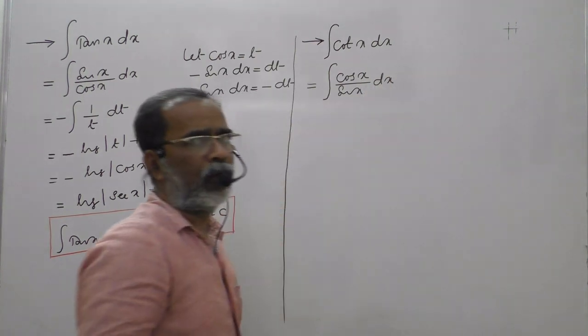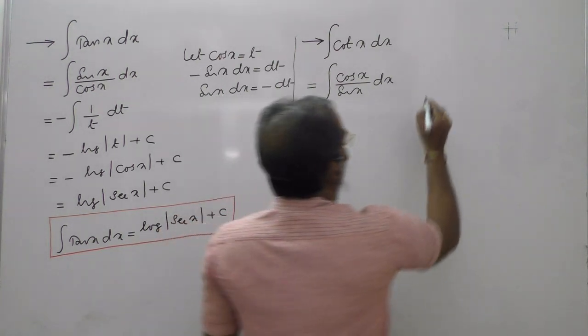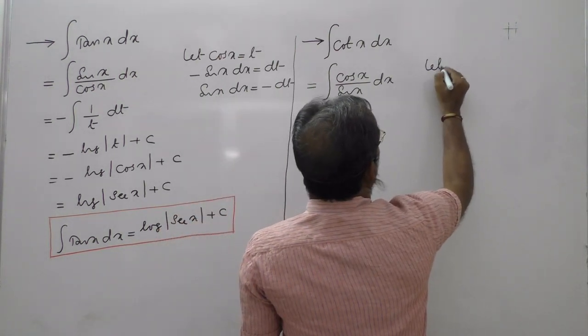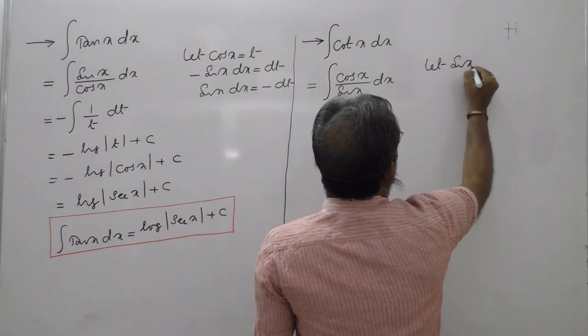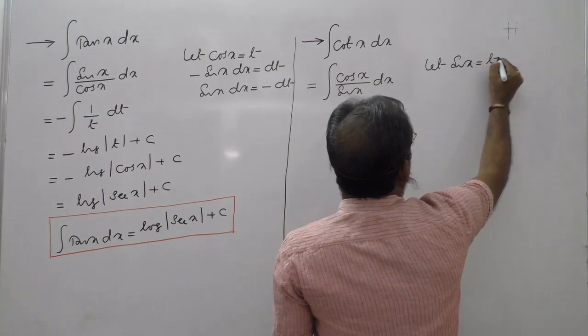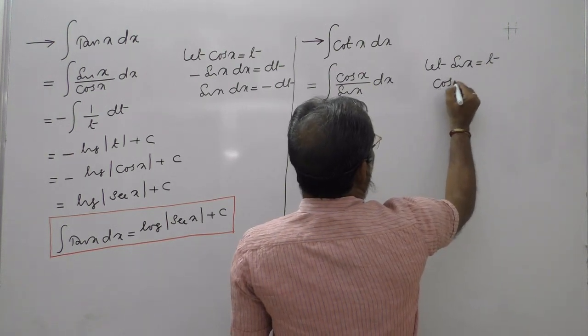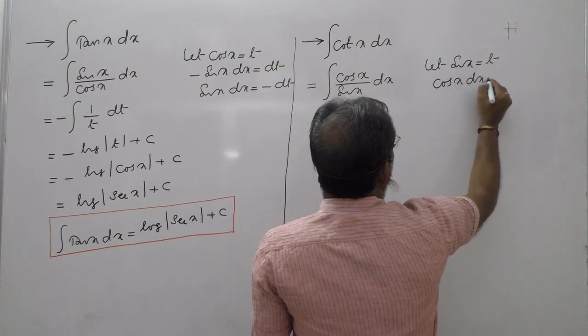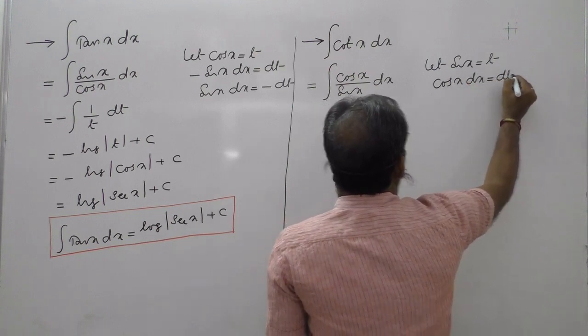No u by v here. Now I will take the substitution. Let sin x equal t. Then cos x dx is equal to dt.